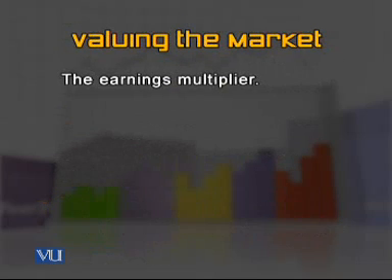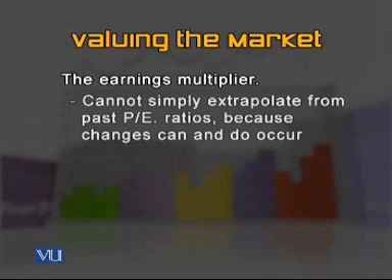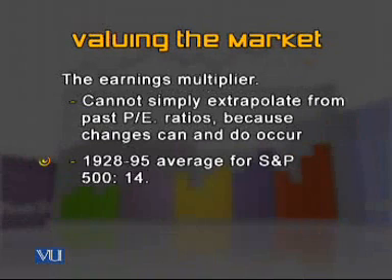We talked about earning multipliers, and the most popular of them all, the price earning multiple. This remains the most popular. We talked about it in relationship to the industry averages, and we discussed that the S&P 500 past PE average was something like 14 in a period between 1928 and 1995.